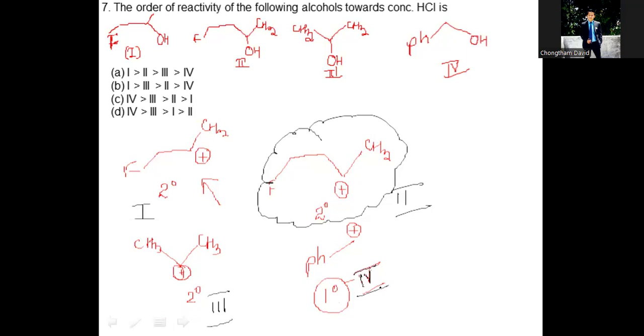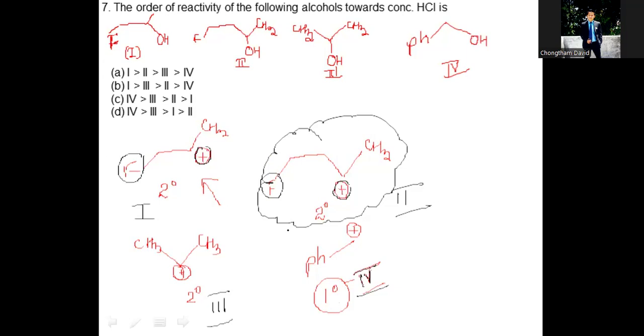You have to make the ascending order or descending order of their reactivity. So structure number 1 is less stable than structure number 2 because of the minus inductive effect, which is more pronounced in structure number 1 due to less distance between the fluorine and the positive charge. See the distance? Fluorine and the positive charge. Clear? Yes.